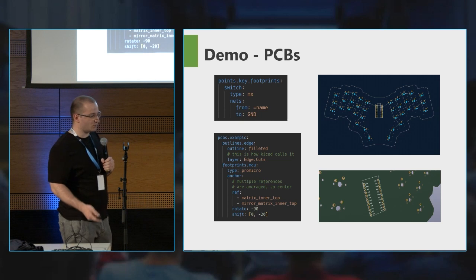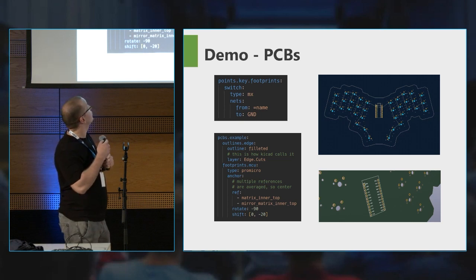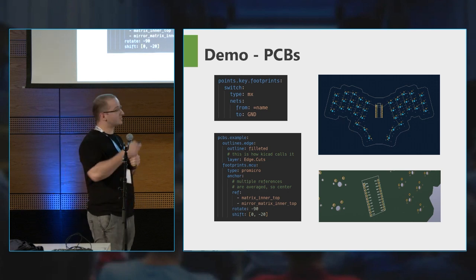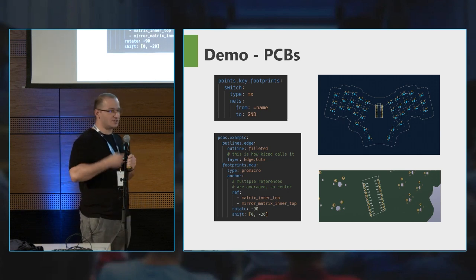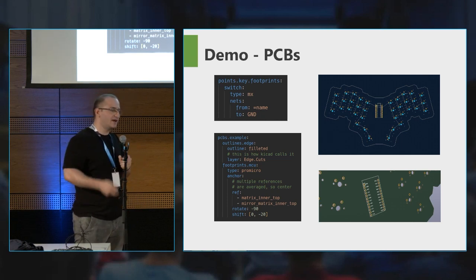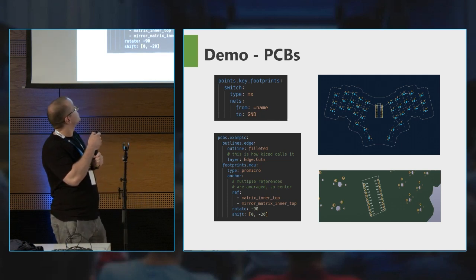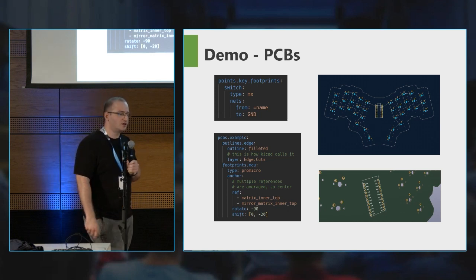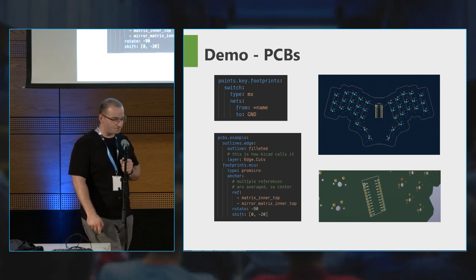In this simple case, it's just a direct wiring, so the from block is connected to each key's name. The equal sign means that it's read from the key where it's laid out, so each individual key gets its own individual net, and the to block is just connected to the common ground so that the controllers can read low on the pins to detect key presses.